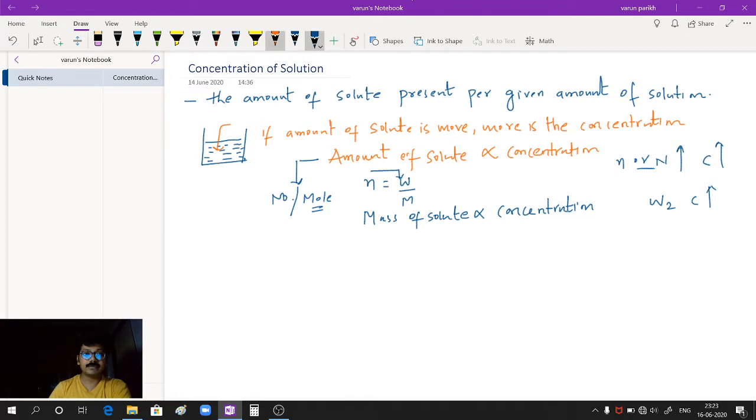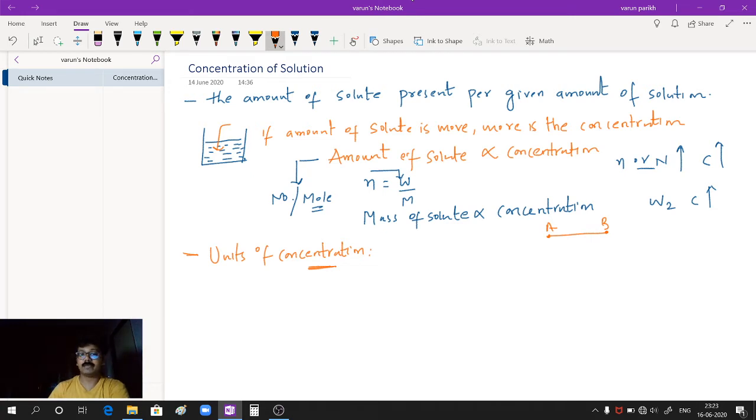Now let's go ahead. Next topic: units of concentration. What do we mean by unit of concentration? Suppose I make one line here. This is a particular distance from point A to point B. Now, somebody asks me to represent this distance.